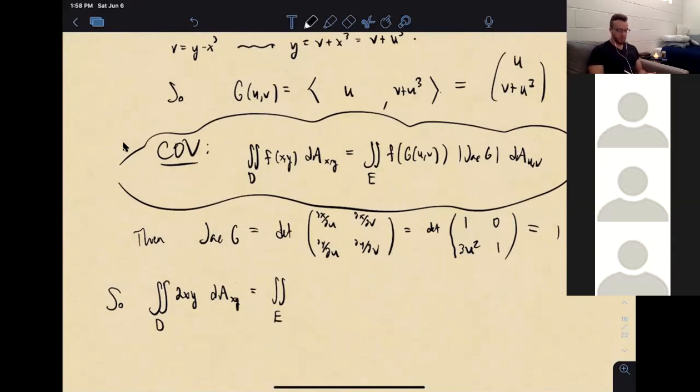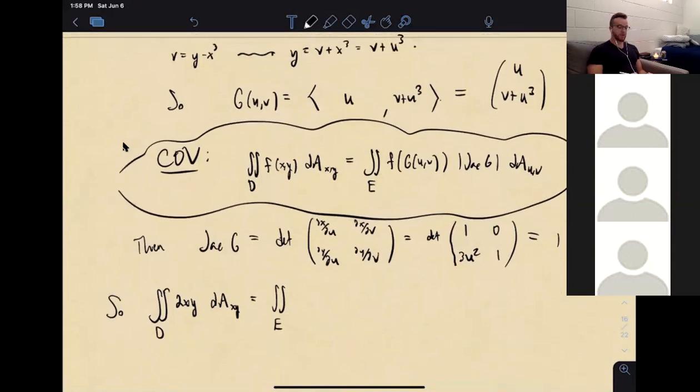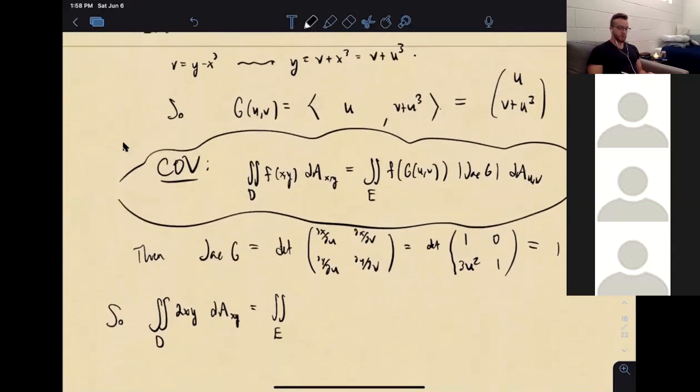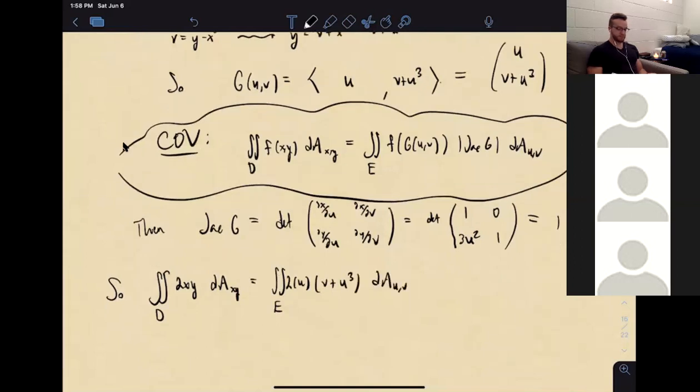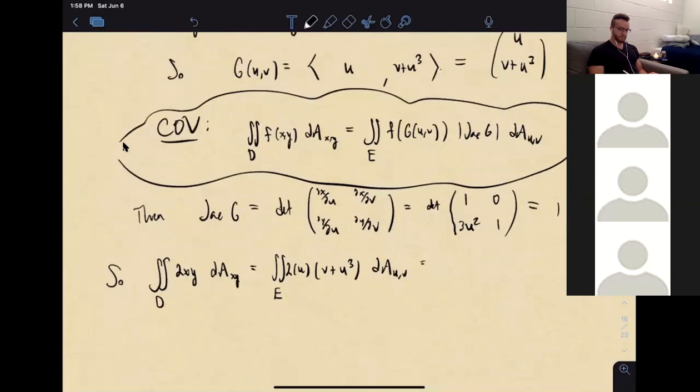So what I'll write is a double integral first. And then 2xy, we need to write in terms of u and v. So x is u. So I get 2 times x times y dA_uv. And then we're in the clear.